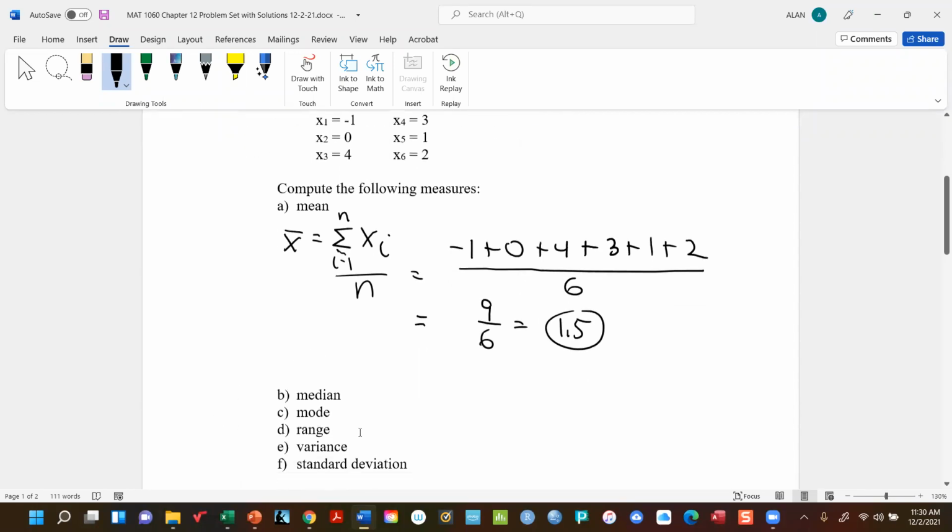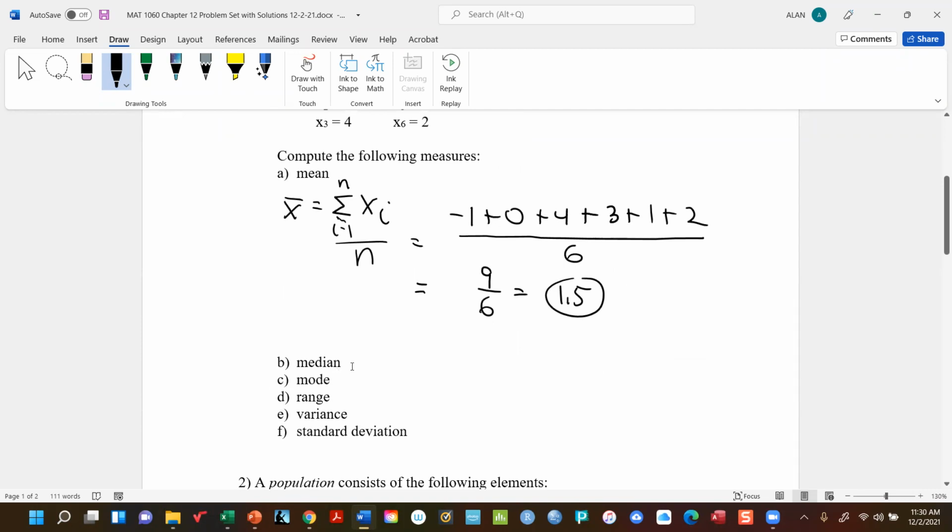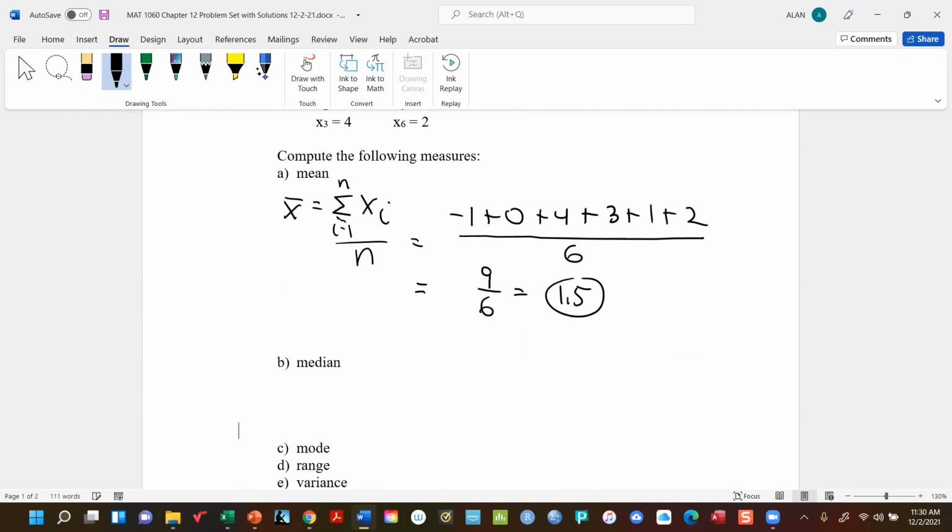Now, the median, on the other hand, does require us to sort the data. So let's take care of that. That would give us -1, 0, 1, 2, 3, 4.